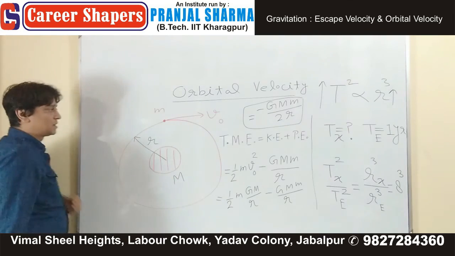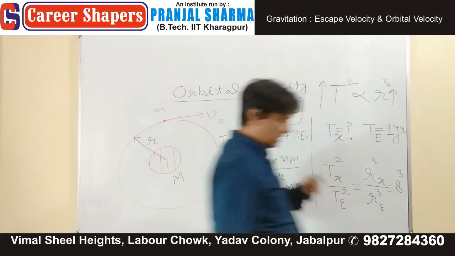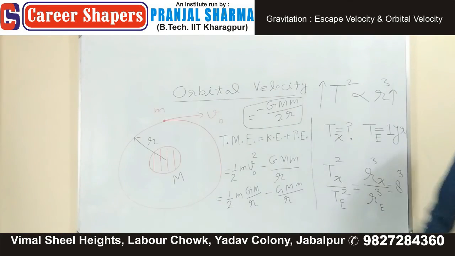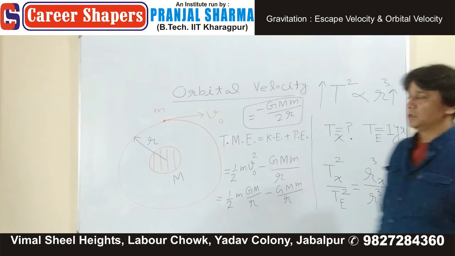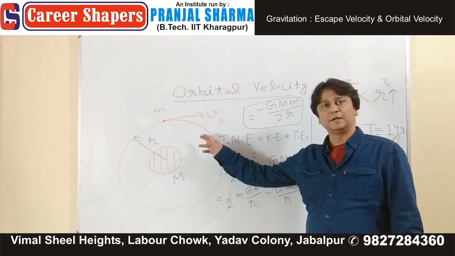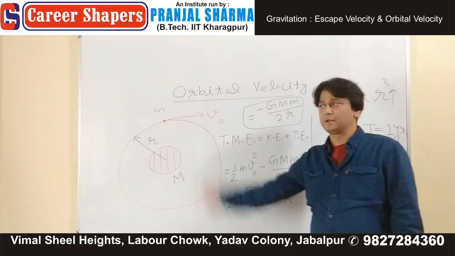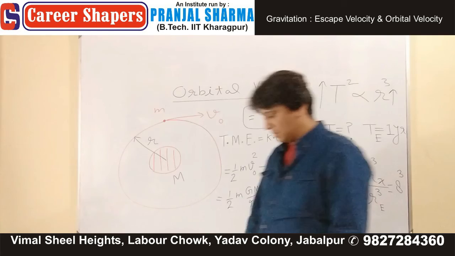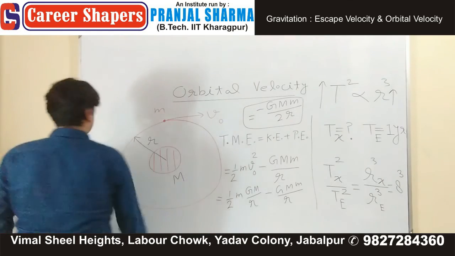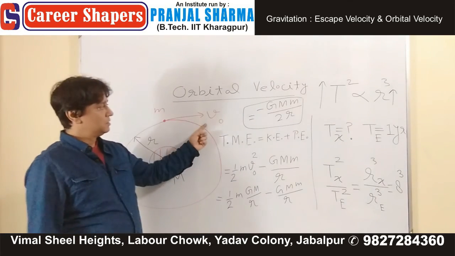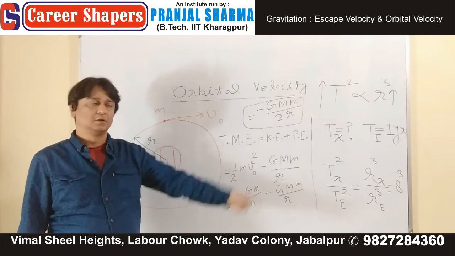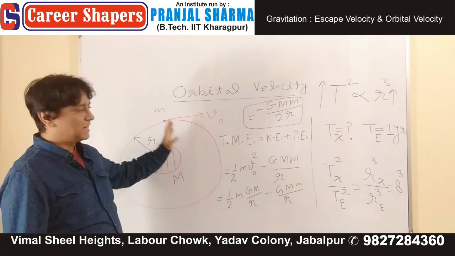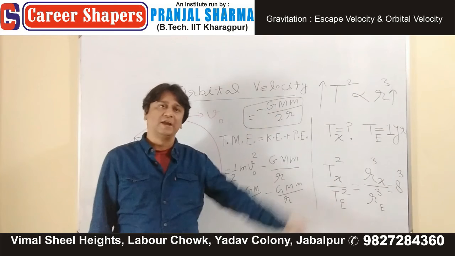By what factor orbital speed of a satellite should be increased so that it can escape to infinity? By what factor orbital speed should be increased so that a satellite can escape to infinity?